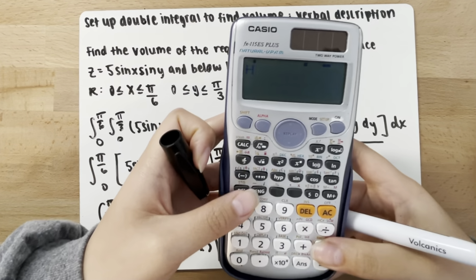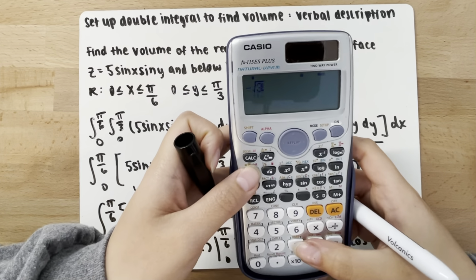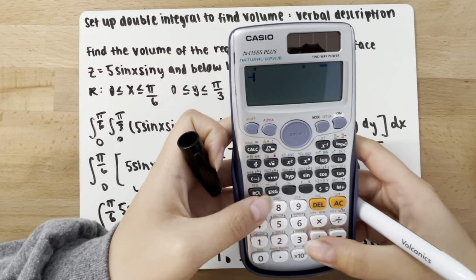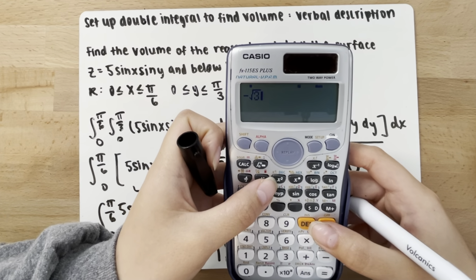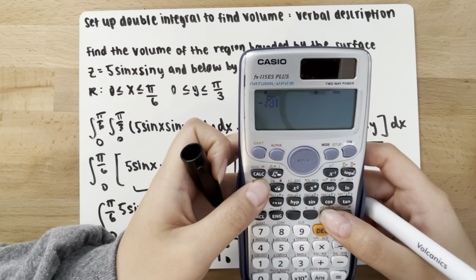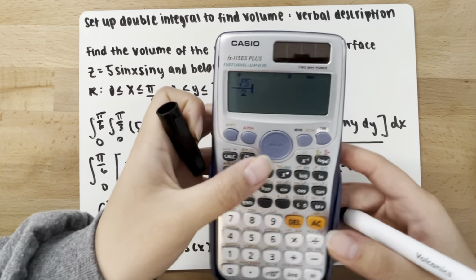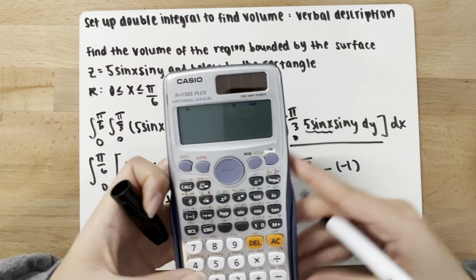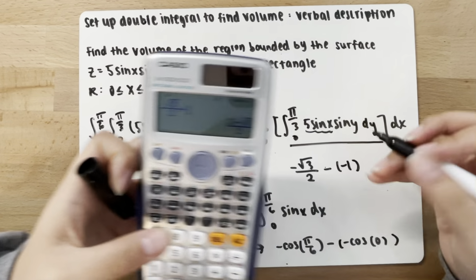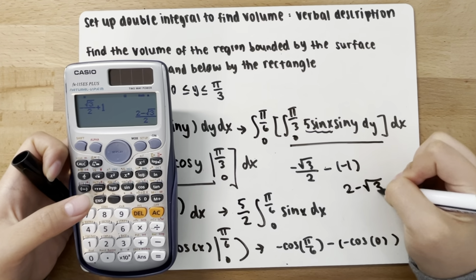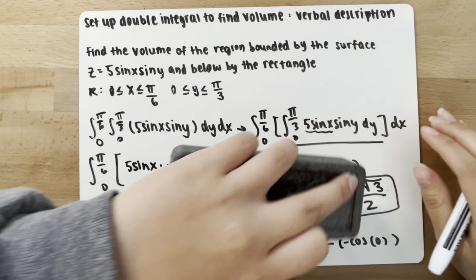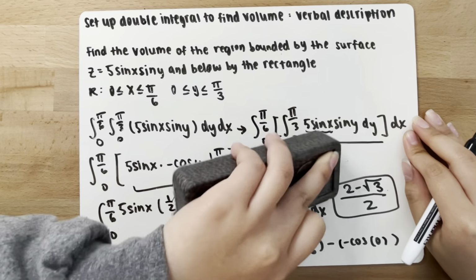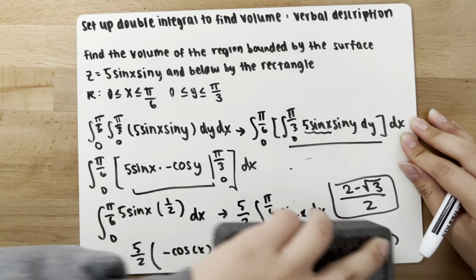So negative square root of 3 over 2 plus 1, because negative times a negative is positive, is 2 minus square root of 3 over 2. This is not your answer, by the way, because you are going to have to multiply it by 5 over 2.